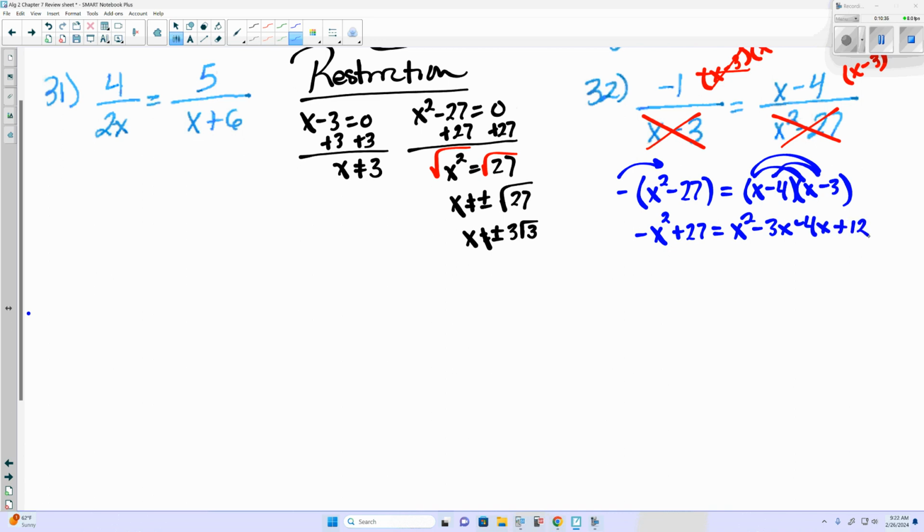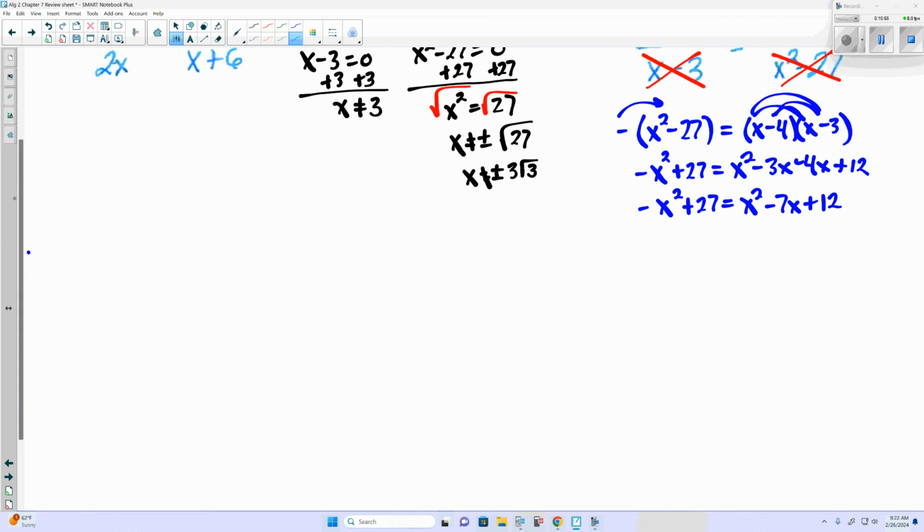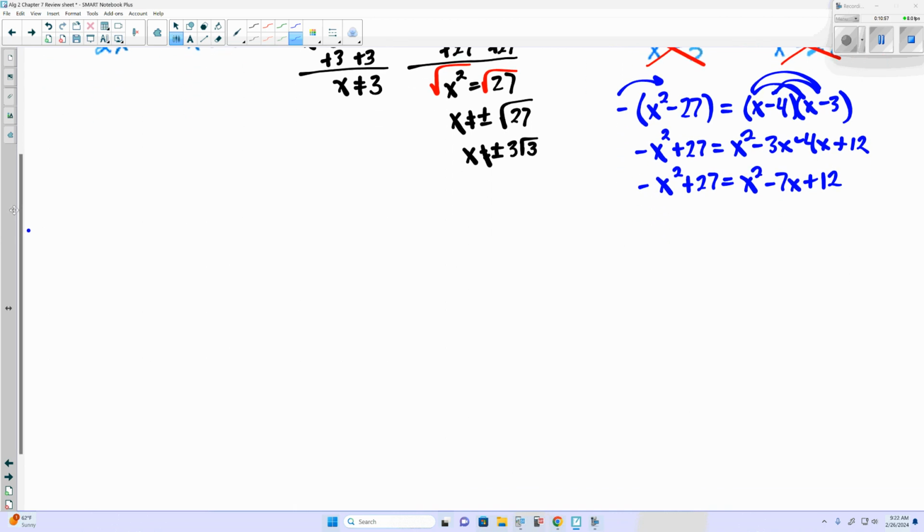And negative 4 times negative 3 is plus 12. Now, before we do anything else, we'll want to combine like terms on either side, so that it's a little bit easier to work with. Questions on this here?